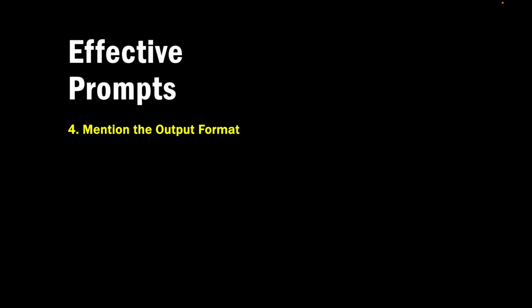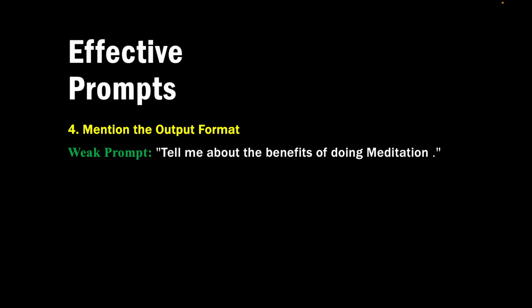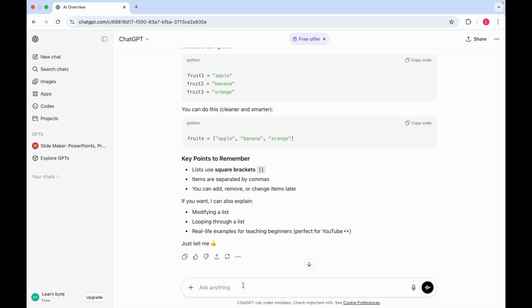Another technique is to mention the output format. That is, if we need a table, code, or any format, we can easily mention that in ChatGPT. For example, the weak prompt can be like, tell me about the benefits of doing meditation. Now let's go and write this in ChatGPT.